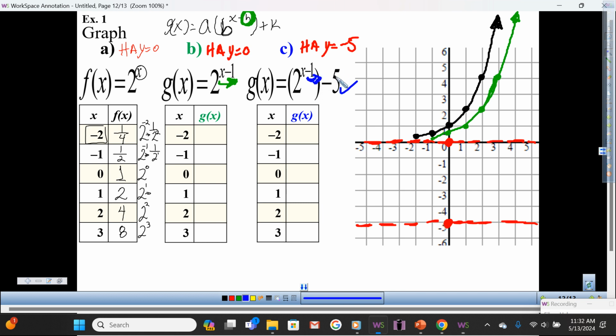Yeah, because this one's still moving the whole thing down or up, and this one's still going to the right or to the left. So 1 to the right and 5 down.